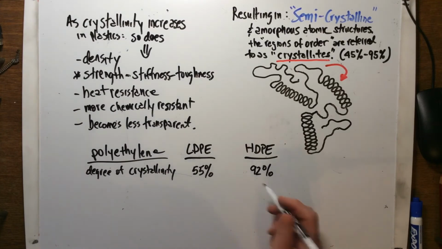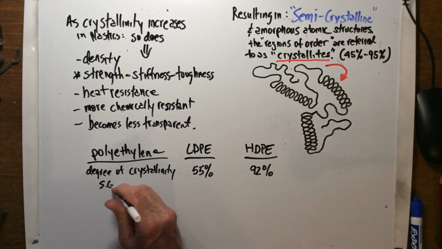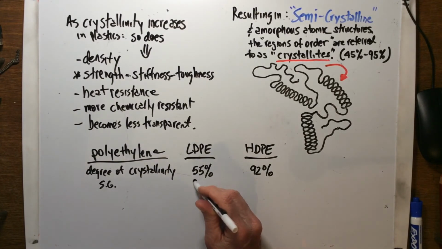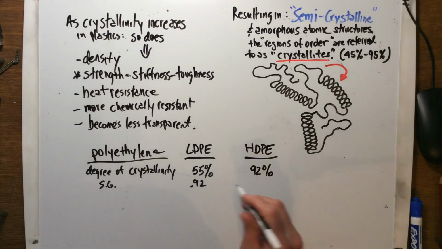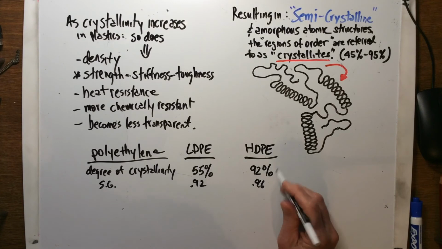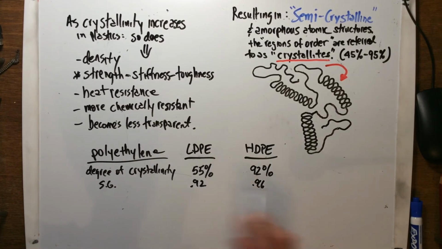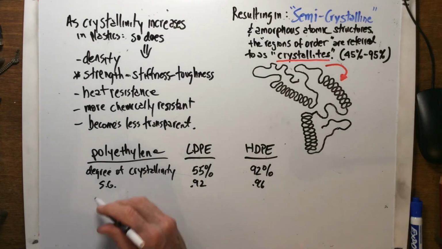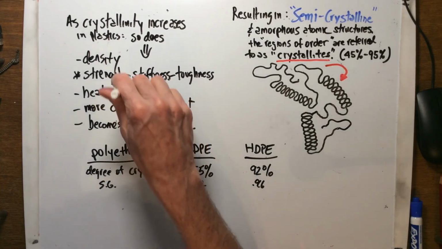The specific gravity is also going to be slightly different. It's about 0.92 on the LDPE and about 0.96 on the HDPE. A little bit different, but they're both less than 1, of course. And now here's the one talking about stiffness.